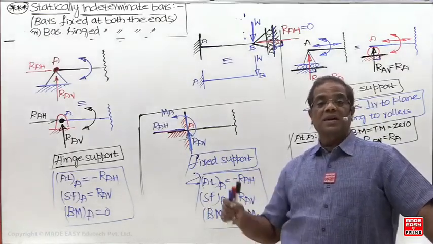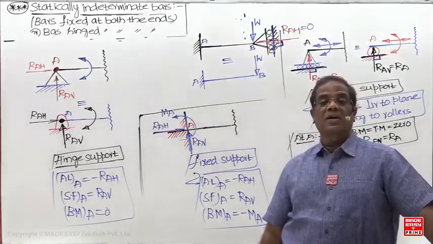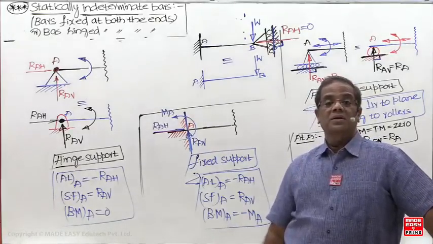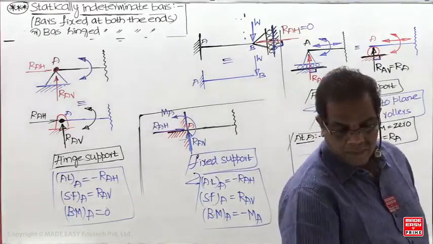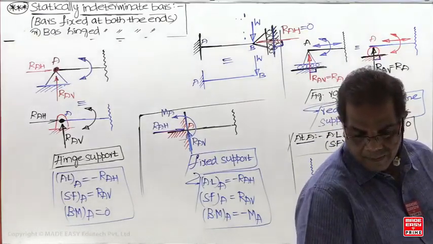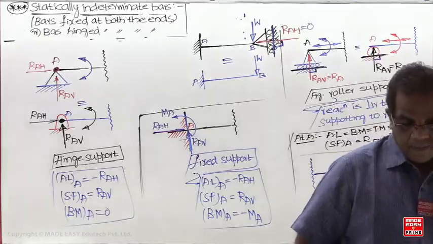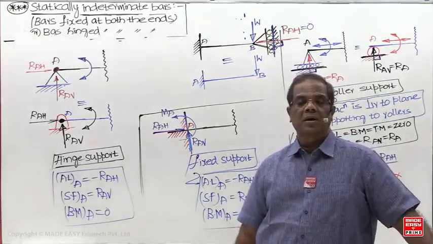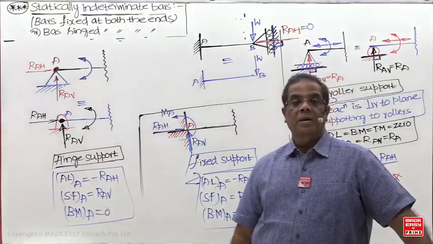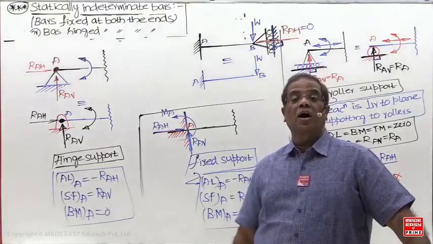Which of the following statements are correct with respect to simple supports? At roller support and hinge support, is the bending moment 0 or non-zero?